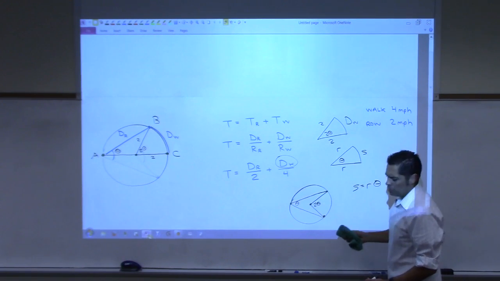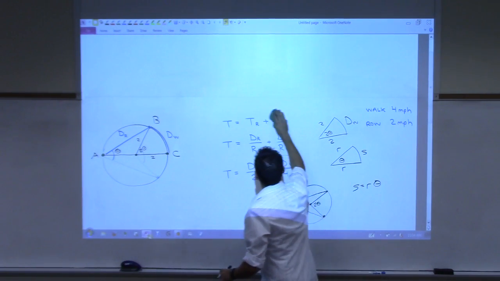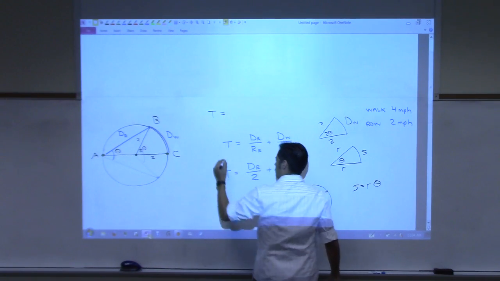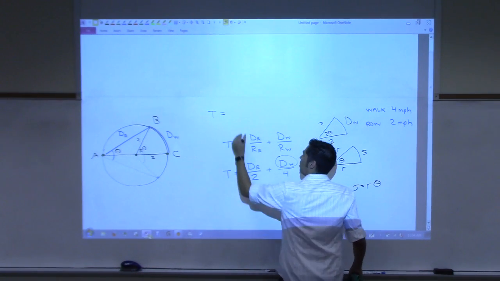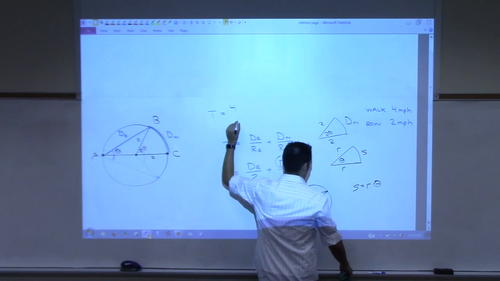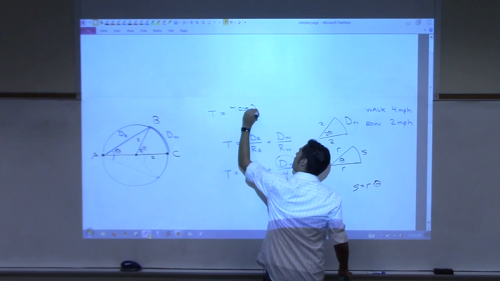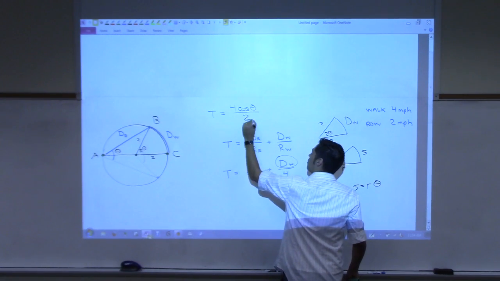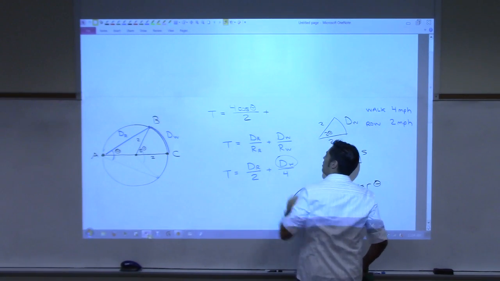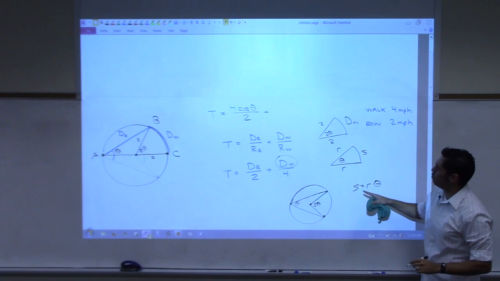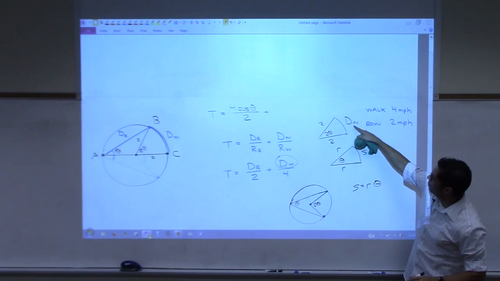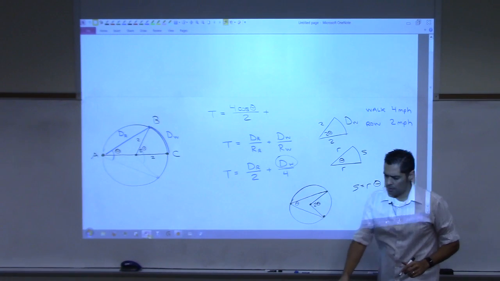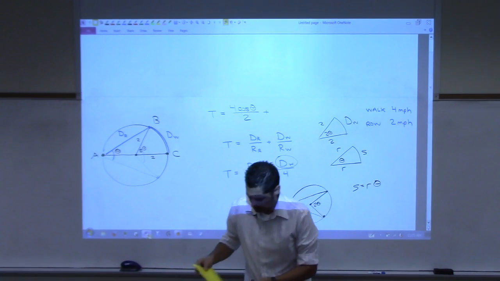So what is the total time, or what is the time function? It's the distance she rowed, which was 4 cosine theta, right? Over the rate that she rowed, which was 2, plus the distance that she walks, which we just said is what? According to this formula, it's the radius times the angle. So that should just be 4 theta, right?